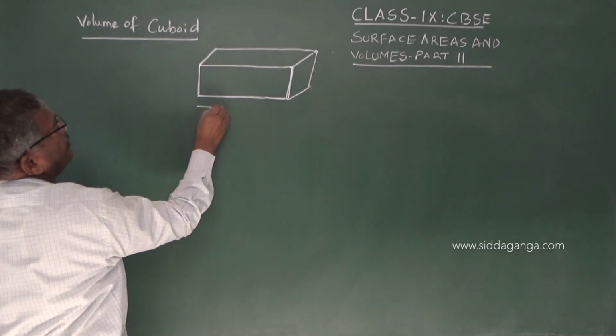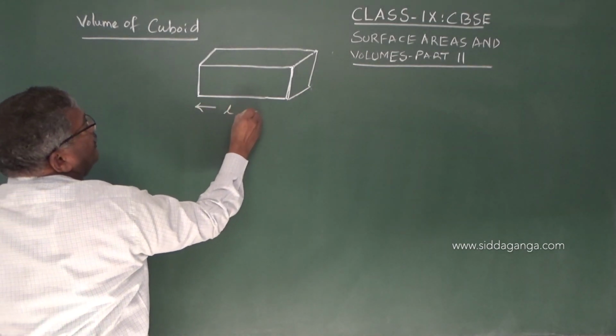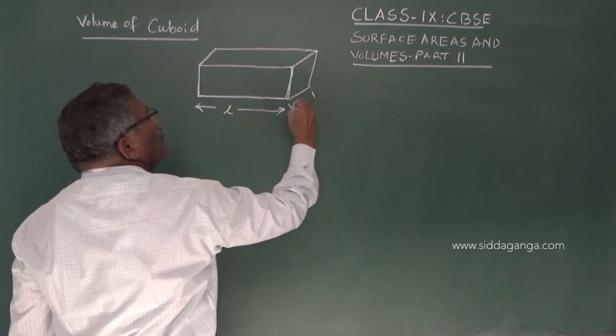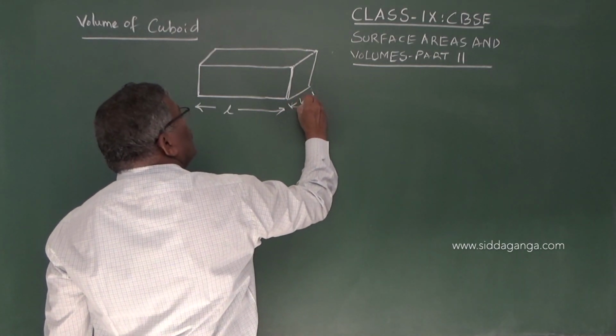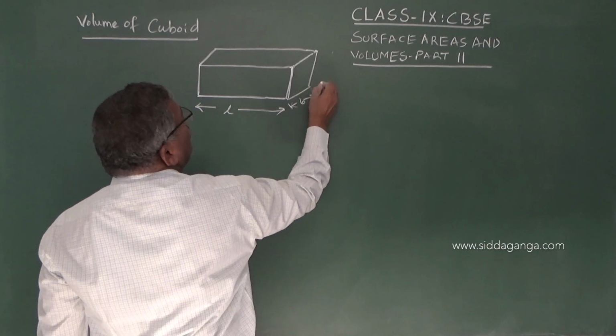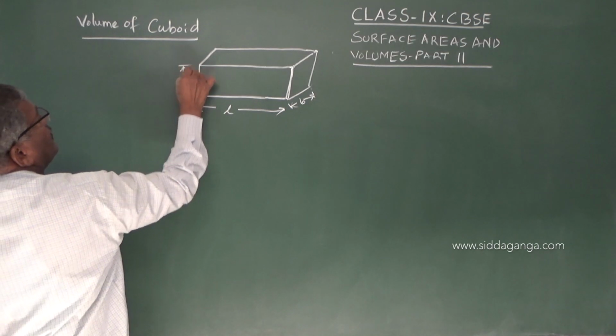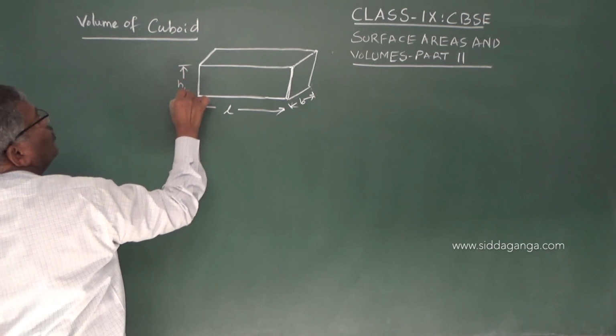So here we call this as length of the cuboid, and from here to here call this as breadth of the cuboid, and from here to here we call it as height of the cuboid.